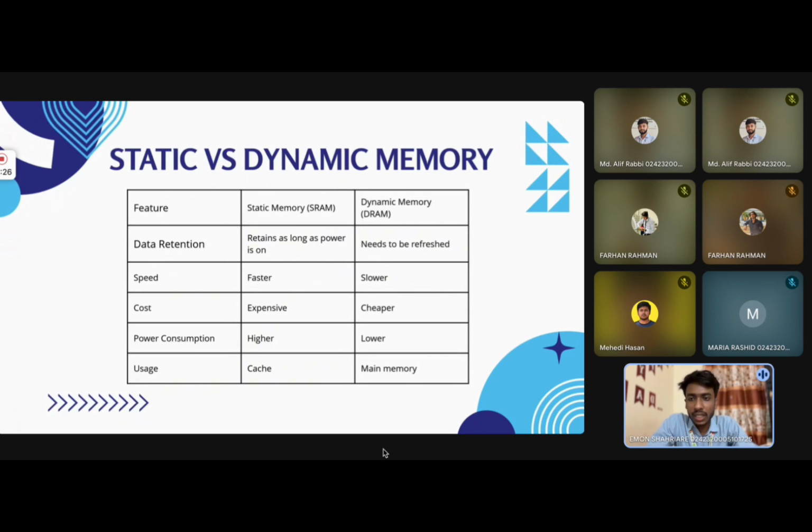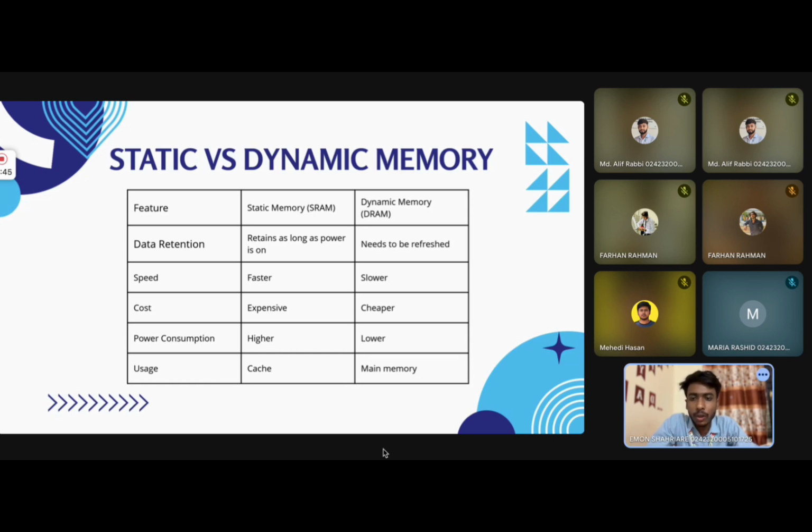My next slide is static versus dynamic memory. Here we include features of static memory versus dynamic memory. First is data retention: static memory retains data as long as power is on, while dynamic memory needs to be refreshed.